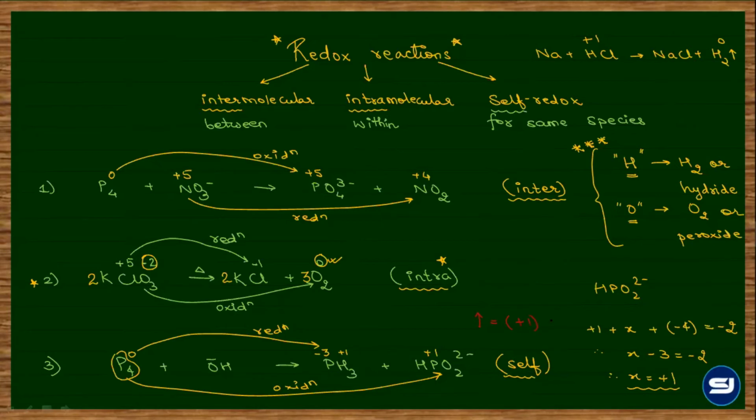Now you won't multiply this by 4 because in self redox this 4 phosphorus atom is getting splitted into PH3 and HPO2 2 negative. मतलब some atoms will be here and some will be over here. You have to consider only the number of atoms on the right side where it is undergoing the change.